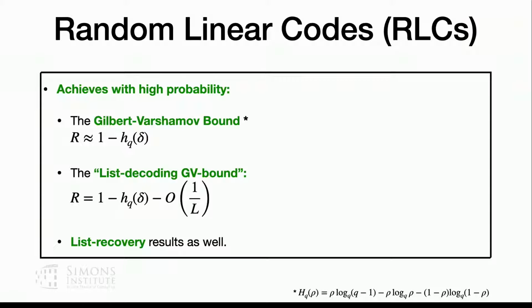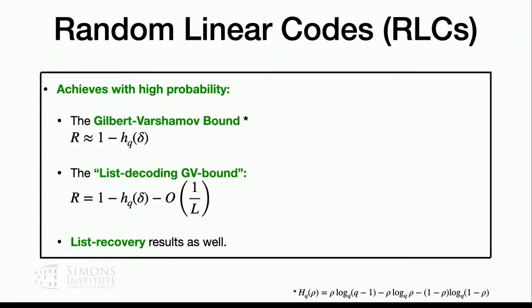Okay, so if these parameters don't sit well with you right now, you can forget about them. This specific trade-off is not very important, but there is this trade-off called the list decoding GV bound, and if a code achieves that, in a sense it achieves what we believe to be optimal list decodability.